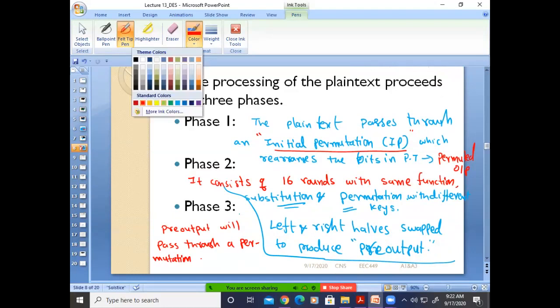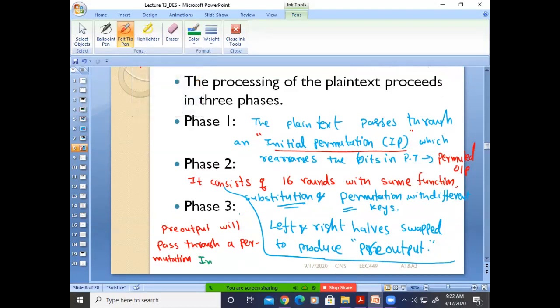The inverse initial permutation, we will denote by IP inverse, which produces a 64-bit ciphertext.